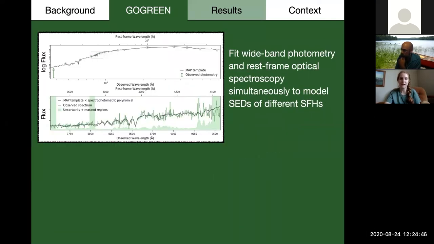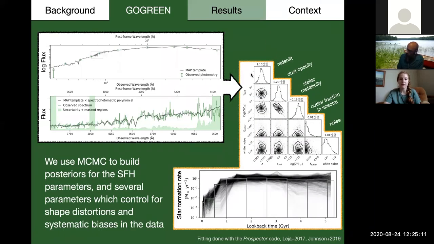So for each of these galaxies, we can combine the photometry, which is shown here as green points, with the rest frame optical spectroscopy, where the wavelength region is shown in this gray box and zoomed in this lower plot, to fit different models of the spectral energy distribution corresponding to different star formation histories. So for a set of parameters, you can build models of your data and fit them to your spectrum and your photometry simultaneously.